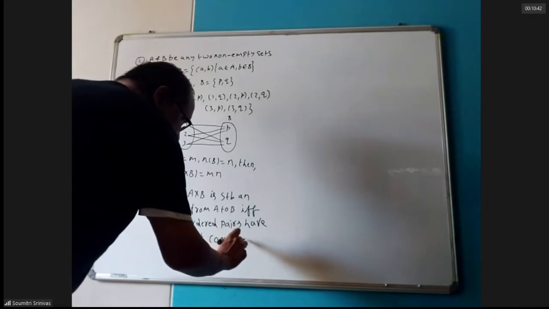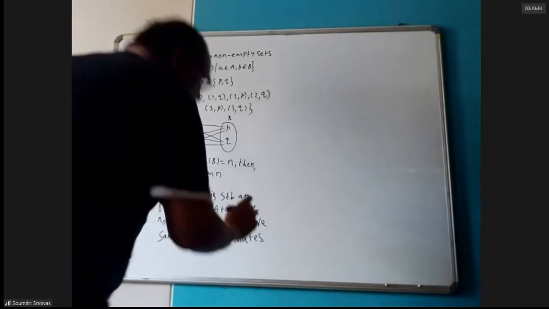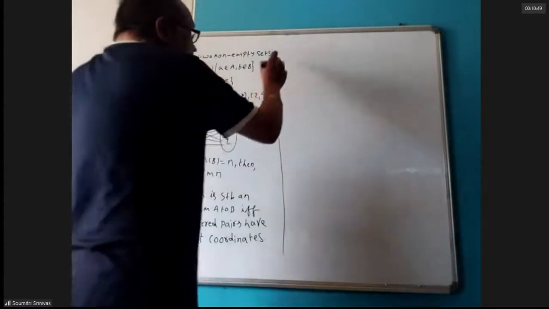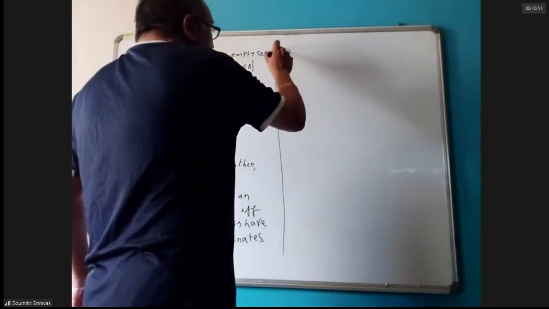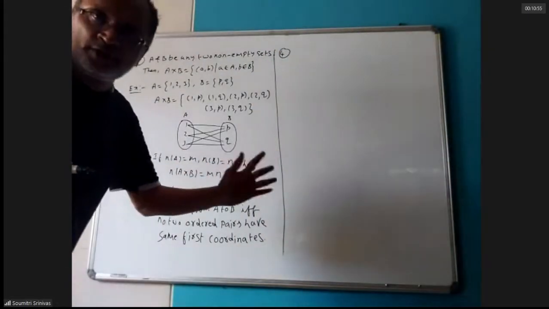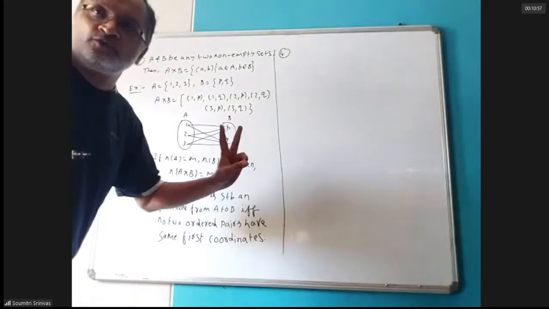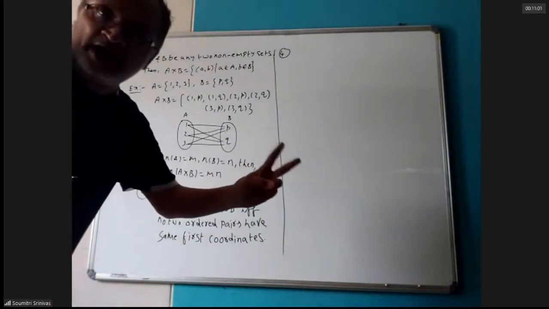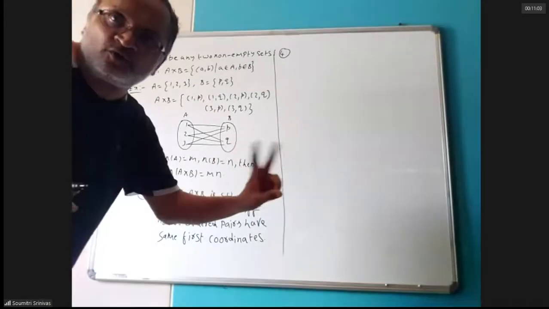What do these first coordinates stand for? What am I trying to say? Look here. No two ordered pairs have the same first coordinates.